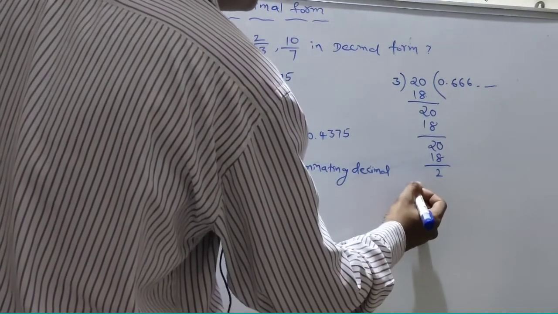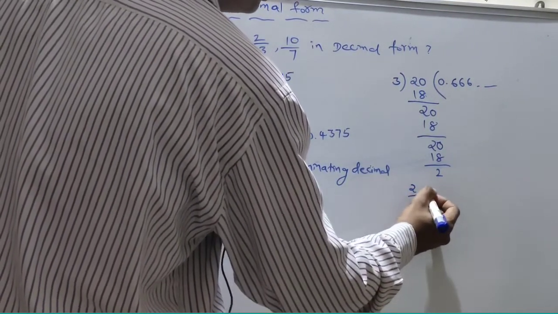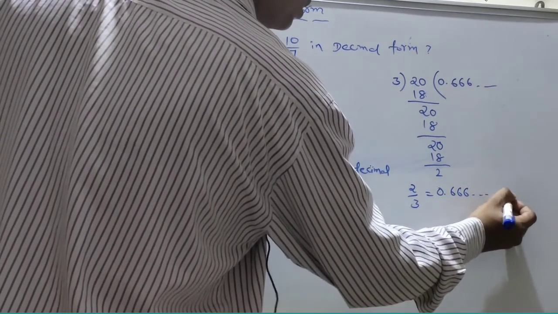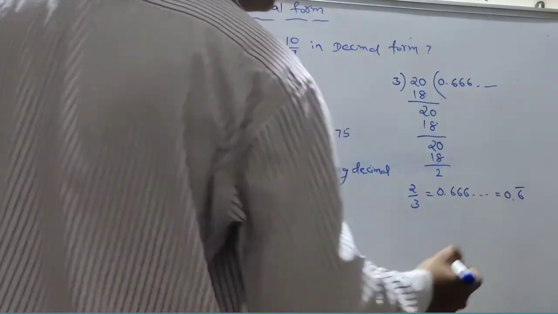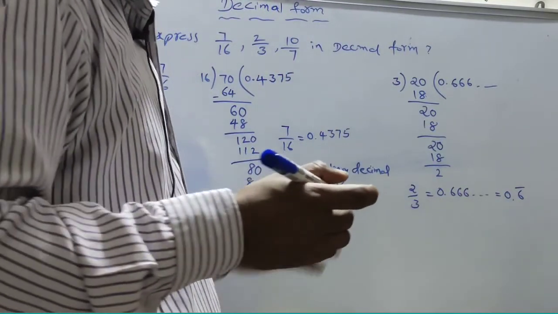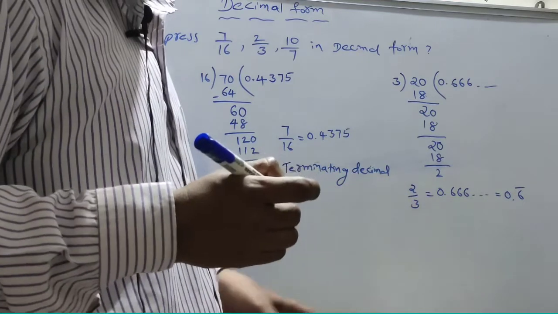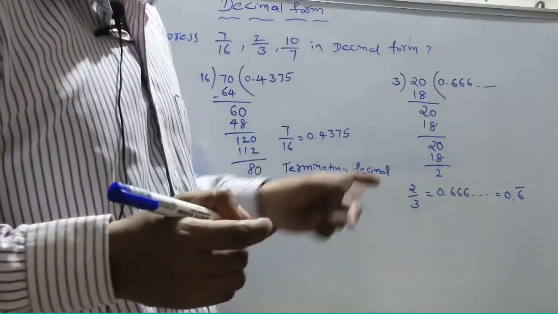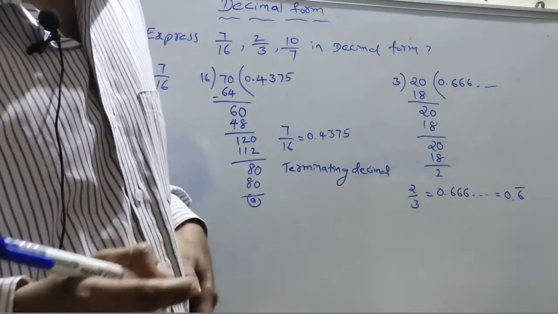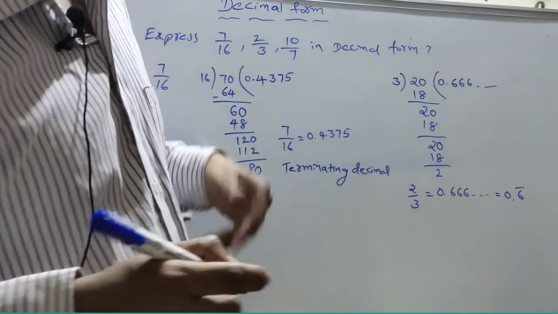That means 2 by 3 is equal to 0.666 and so on. Otherwise we can write it as 0.6 bar. Why? Because here 6 is repeating so many times. That's why it is known as a repeating decimal or non-terminating decimal, or otherwise we can write it as a recurring decimal, non-terminating recurring decimal.